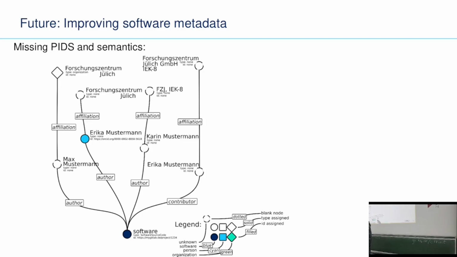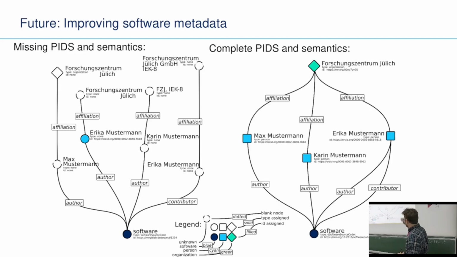The same, for example, here, Erika Mustermann is probably the same as the contributor here. And of course, what we would like to have is this: IDs, ORCIDs for persons, and some other PIDs used for organizations and things, and of course for your software also. And this is where we try to get.